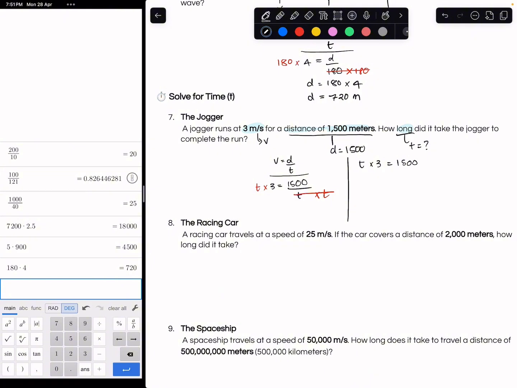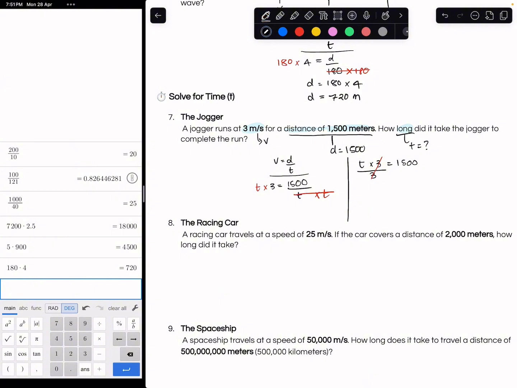So we are one step closer to getting t all by itself, but currently it's attached to times by 3. So how do we get rid of times by 3? What is the opposite of it? The opposite of times by 3 is divide by 3. So I have to divide this whole side by 3 to cancel it out.